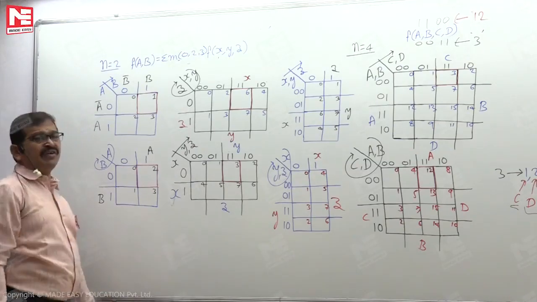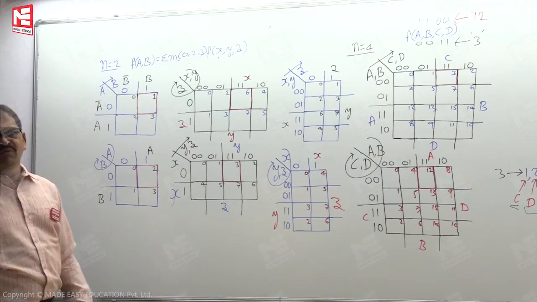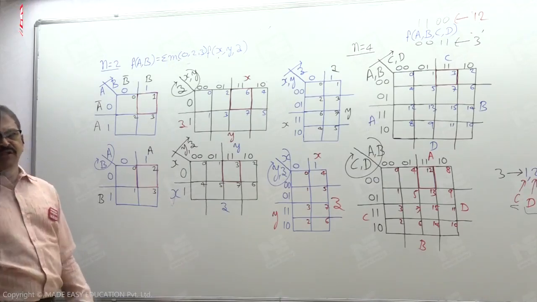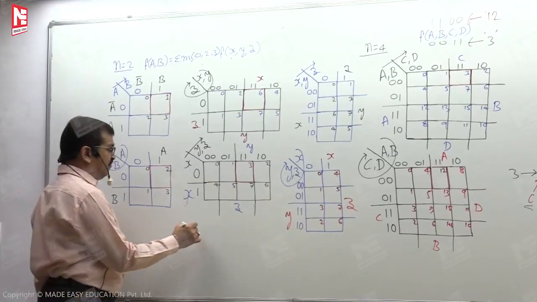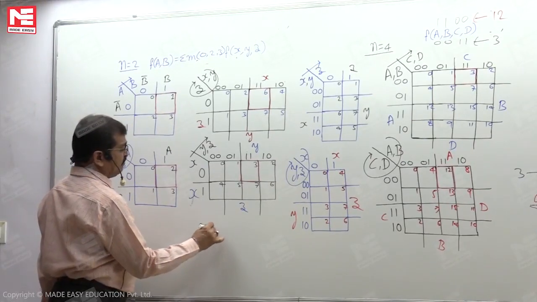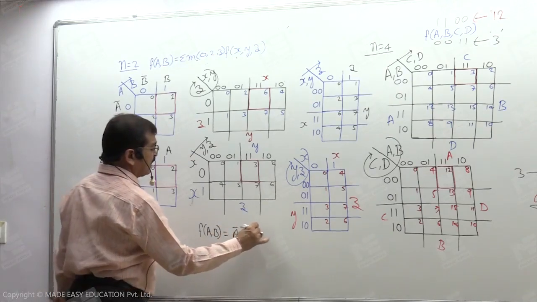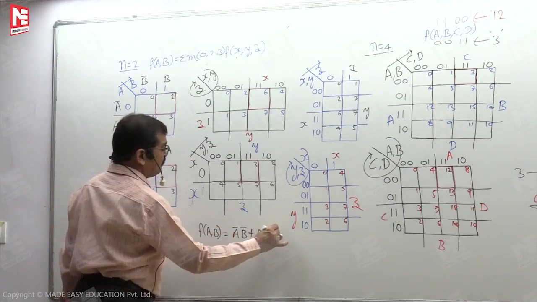When we have the function with the minterms of 0 to 3, conventionally, if you try to read the minimal form, we first read the expanded canonical SOP form. This is the expanded canonical SOP form.